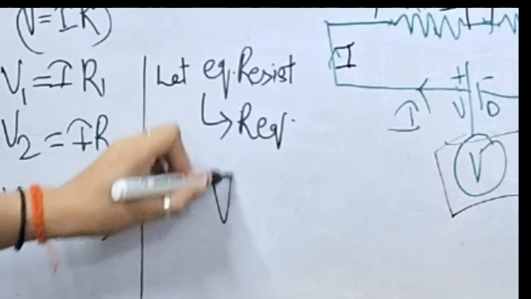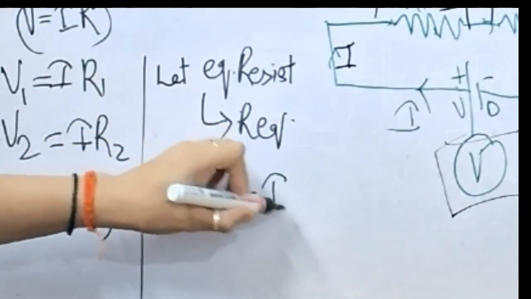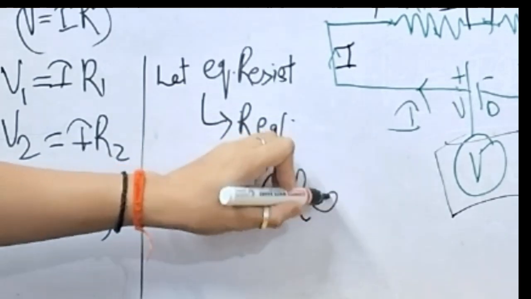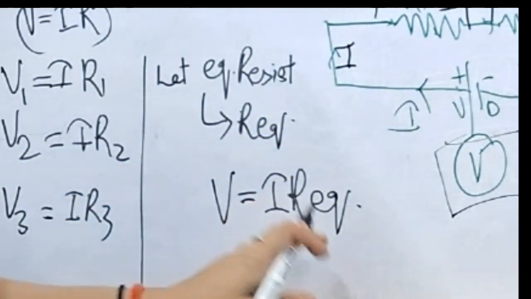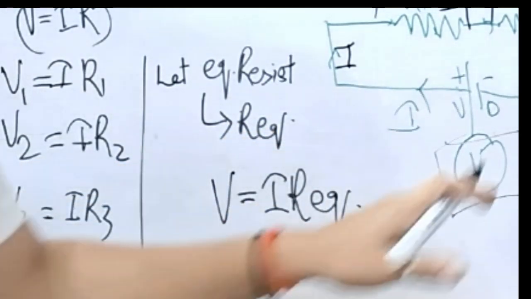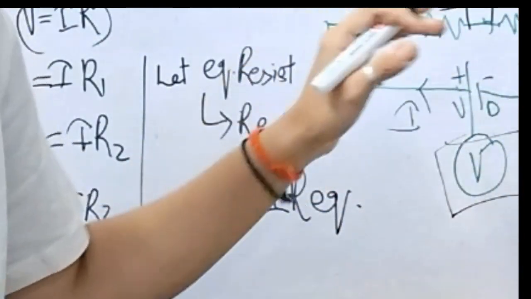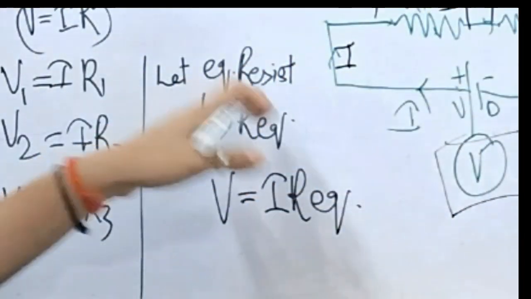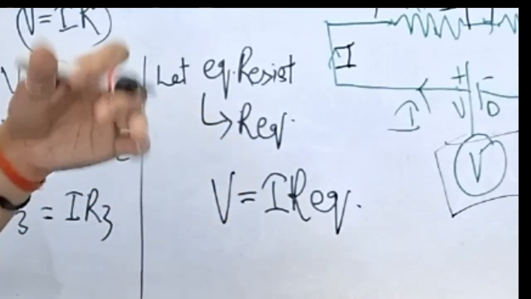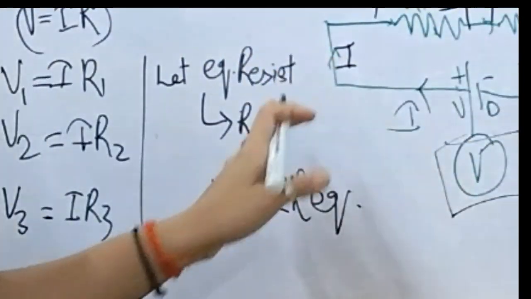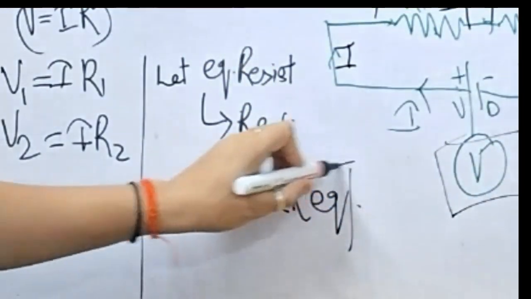We will get V is equal to I R equivalent. R is the equivalent resistance, right? This potential difference is across the whole circuit, and the resistance of the whole circuit we have supposed to be R equivalent, and the current flowing is the same, that is I only, right?